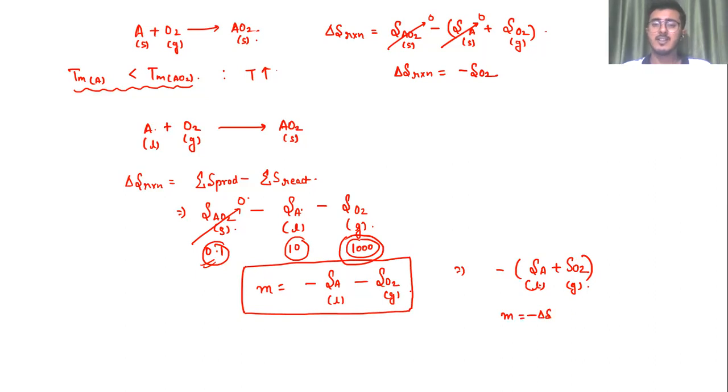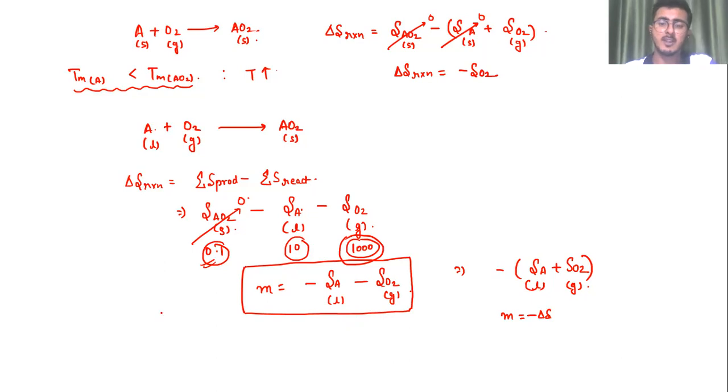Now this entropy value has basically reduced further. If this entropy value is going to reduce further, then definitely the slope of the line will go further in the upward direction.